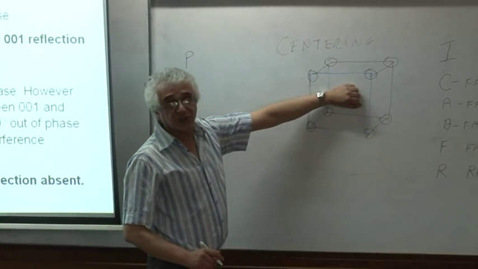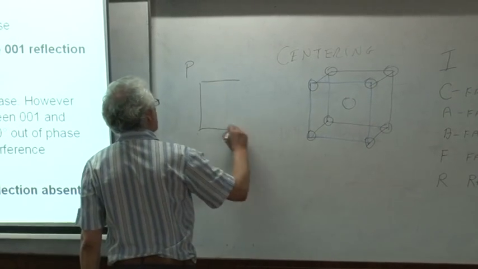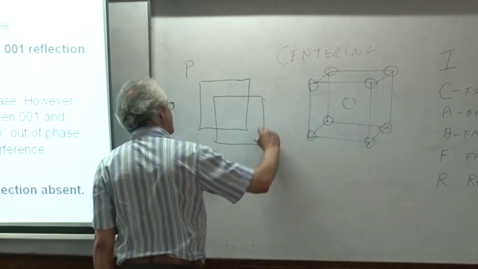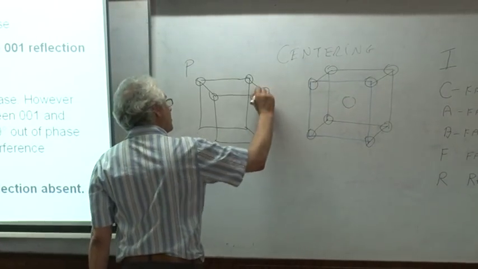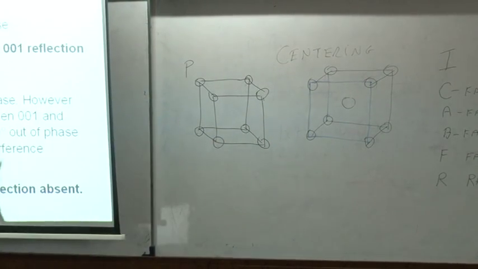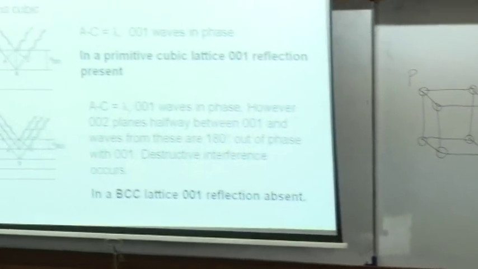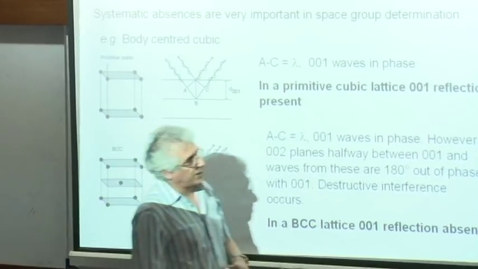This doesn't have this extra point of origin in the middle. So we'll just look like this. So that would be a primitive cell. If we look at the 001 set of planes, now what are the 001 set of planes?